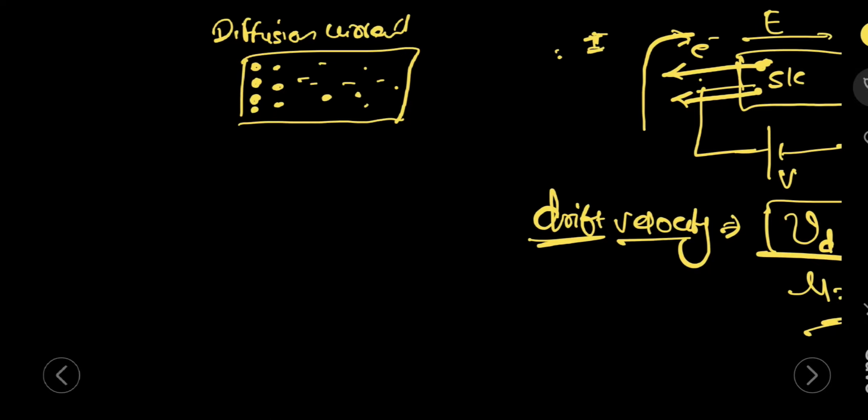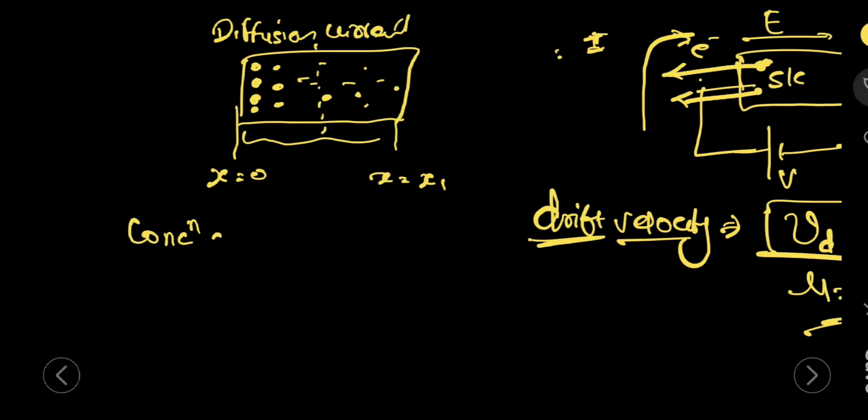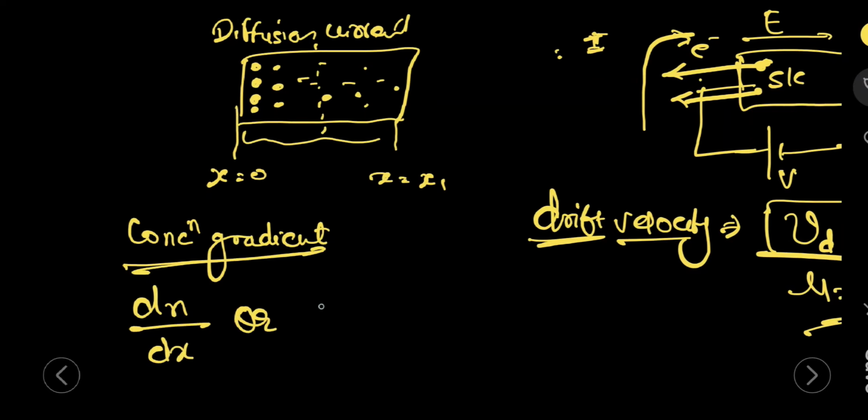Assume this is x equal to 0 and the distance is equal to epsilon. With the change in distance, the concentration of electrons will decrease. The concentration gradient will be given by dn by dx for electrons, and dp by dx for current due to holes.